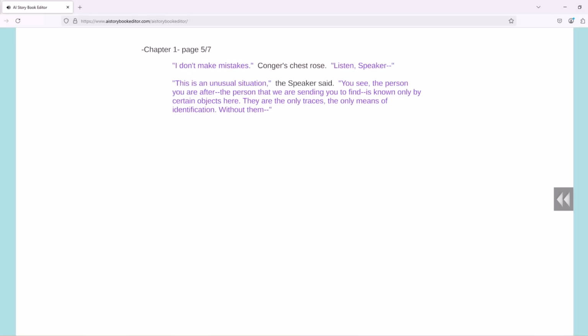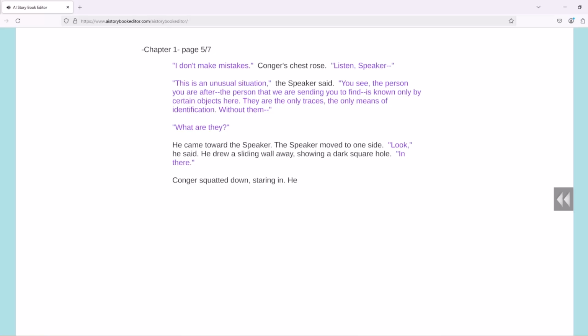Without them... What are they? He came toward the speaker. The speaker moved to one side. Look, he said. He drew a sliding wall away, showing a dark square hole. In there. Conger squatted down, staring in. He frowned. A skull. A skeleton. The man you are after has been dead for 2 centuries, the speaker said.